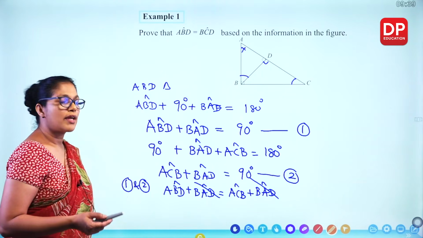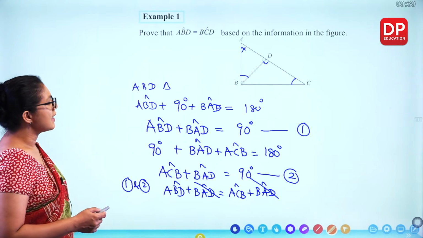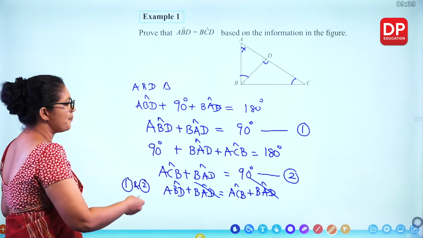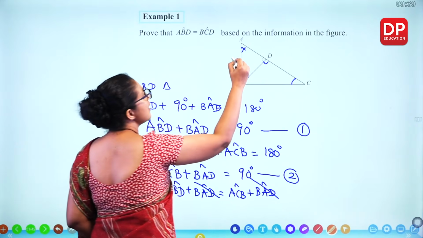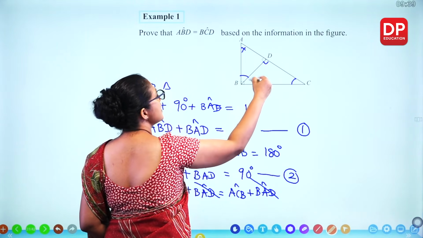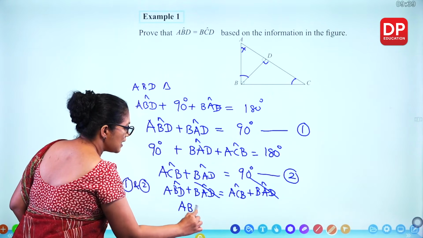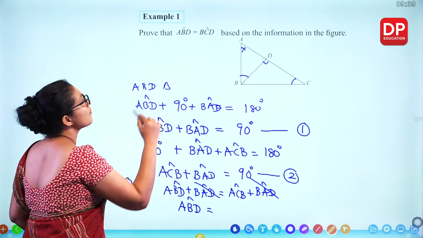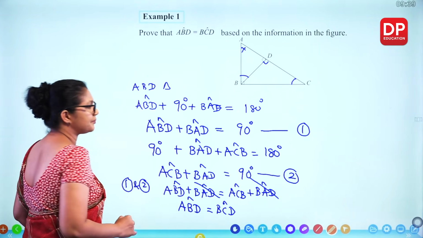So here you can cross it out. So what happens here? ABD angle is equal to ACB, and ACB I can write as BCD. Same thing. So I can write ABD is equal to BCD angle.